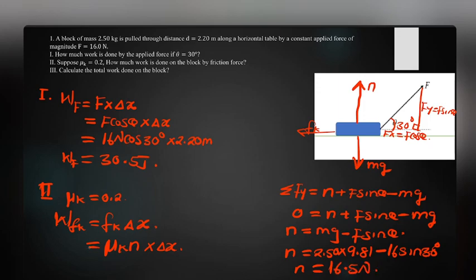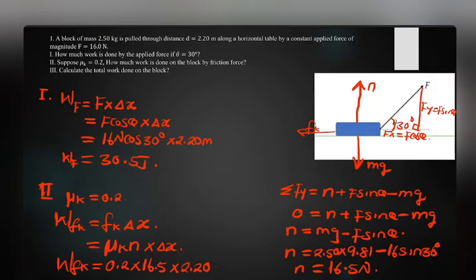So that one becomes the value for the normal force. So we come here, we say the work done by the friction force becomes the coefficient of kinetic friction, which is 0.2, multiplied by the normal force, which is 16.5, and also multiplied by the displacement, which is 2.20 there.